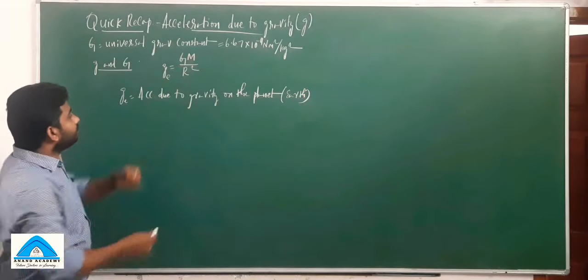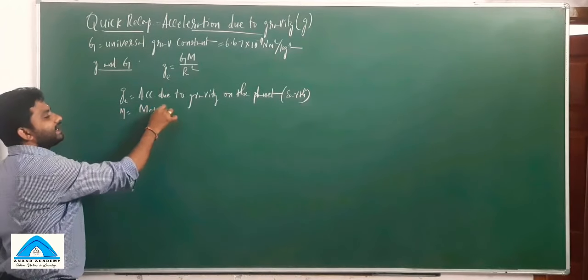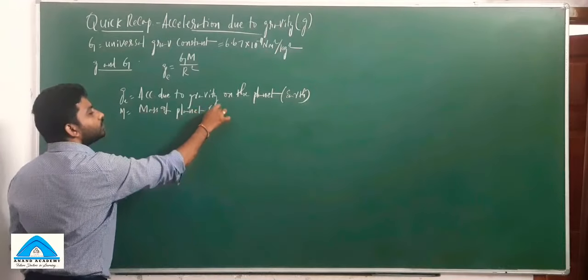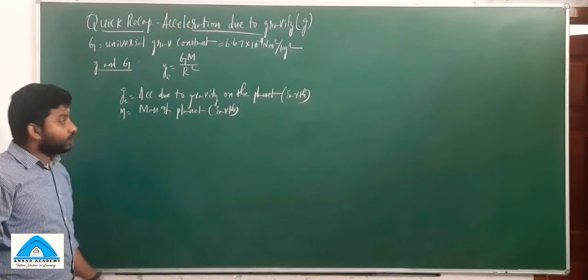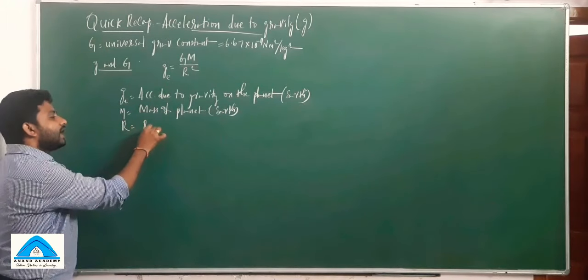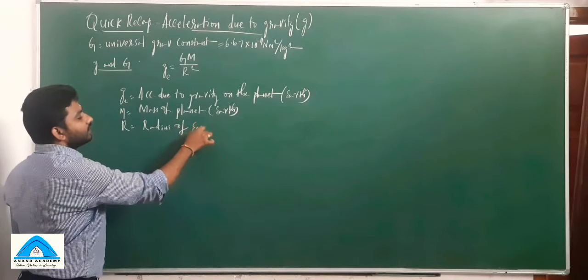And what is this m? This is the interesting part. M is the mass of the planet, and here we had considered the mass of the Earth. R is the radius of the planet, and here it is the radius of the Earth.